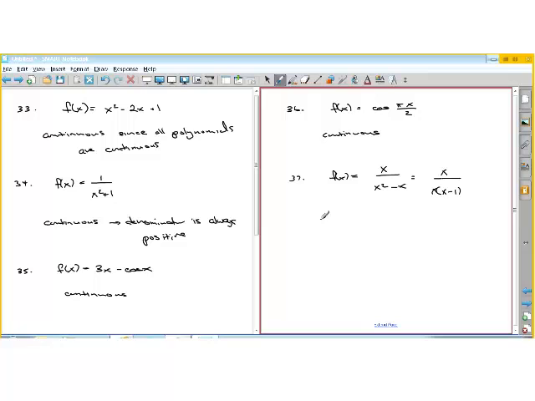So you see we do have a common factor. So at x equals 0, it's discontinuous due to the fact the function is undefined, because you get 0 over 0, which is indeterminate, so the function does not exist at x equals 0.